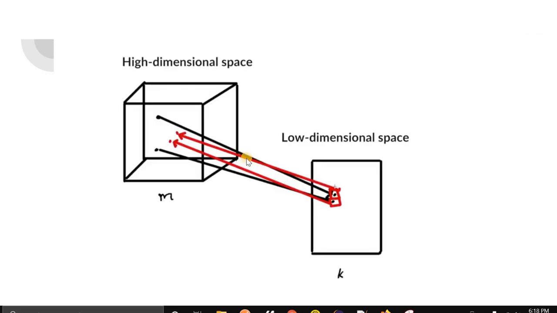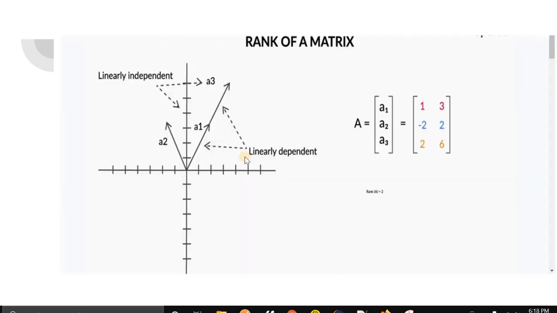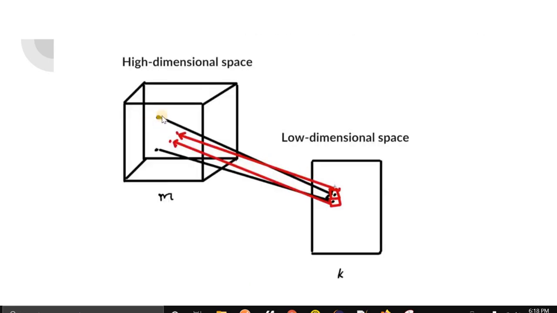So the final LSA, latent semantic analysis, gives us a lower dimensional matrix, right? Even after projecting from a higher dimension to the lower dimension and projecting back, there are certain vectors in the high dimension space where the values remain unchanged. They keep the same value even after the round trip.